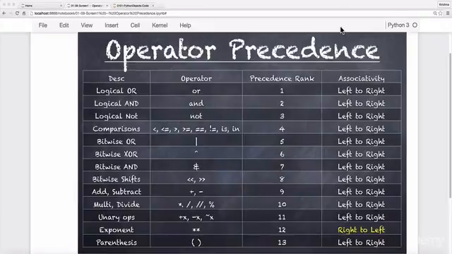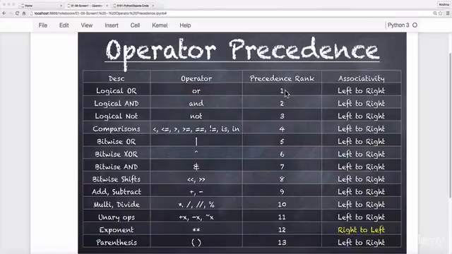Each operator has a precedence rank. For example, the multiplication, division, floor division, and modulus operators have a higher precedence than addition and subtraction. And the logical OR has the lowest precedence, which is 1.